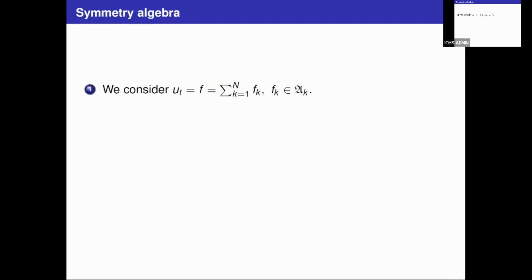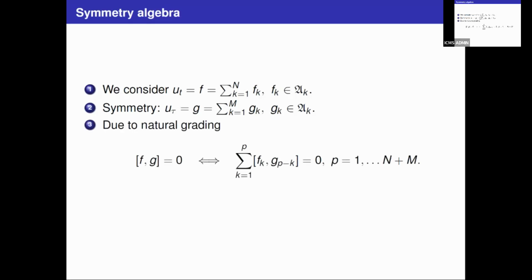Now a bit more on the symmetry structure. We have a natural grading by degrees of nonlinearity on our algebra A, and therefore it is convenient to seek symmetries approximately. So we have a grading in degrees of nonlinearity, so we may consider the compatibility condition [f, g] equals 0.